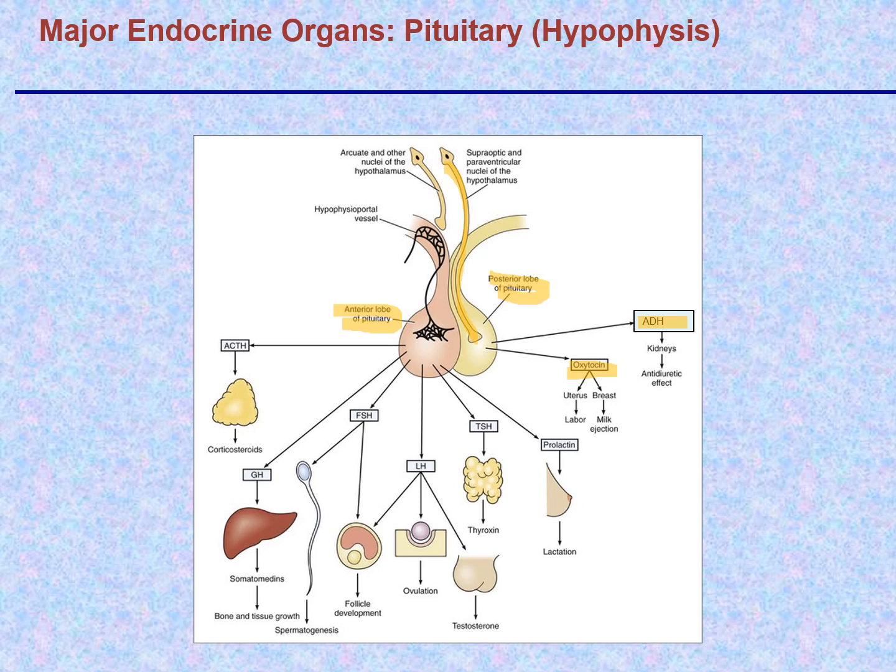Whereas the anterior lobe can synthesize and release ACTH, growth hormone, follicle stimulating hormone, luteinizing hormone, thyroid stimulating hormone, and prolactin. All those are hormones that have important effects on other tissues.